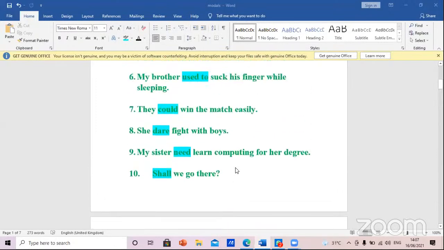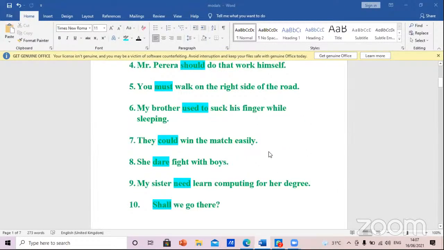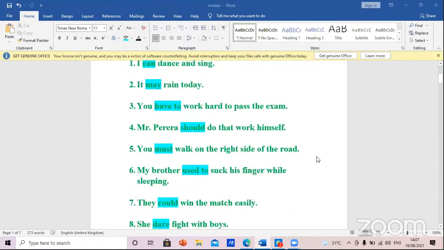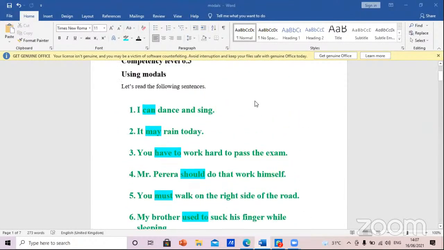So these are some of the sentences I have written here to remind you some knowledge regarding models. You may have heard these things, models. We use these models in our day-to-day life, in our day-to-day communication, and in our day-to-day academic work.